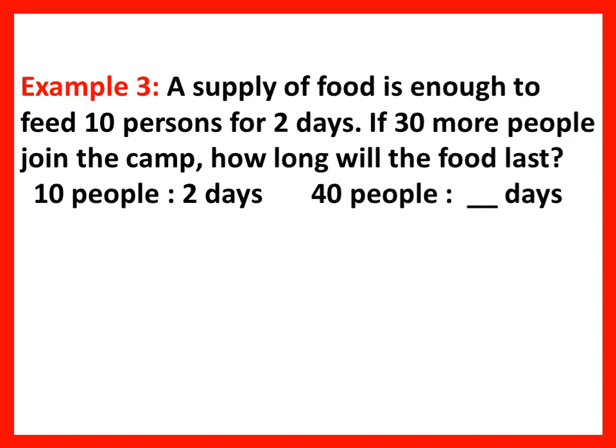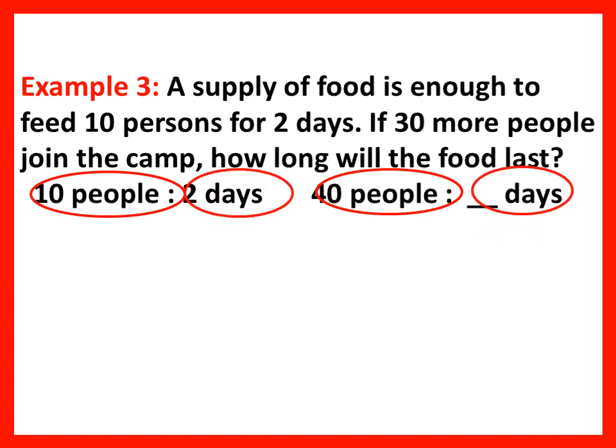Okay, so looking at the arrangement of our terms in this proportion or in our two ratios, 10 people and 40 people are situated on the first part of our ratios or the antecedent. And the number of days is situated on the last part or the consequent of our ratios.